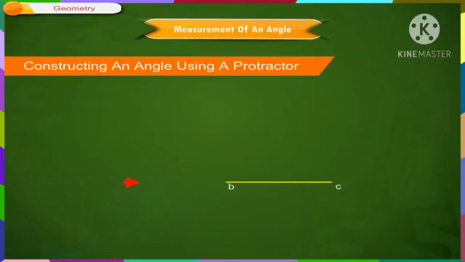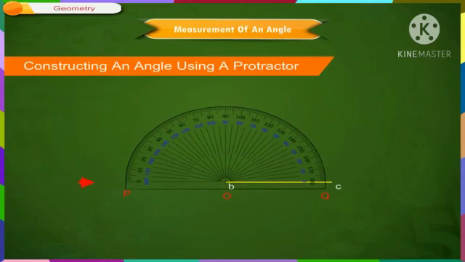Draw a line segment BC, which is one of the arms of the angle that is to be constructed. Place the protractor with its point O on the point B of the line segment BC. Align OQ along the edge BC. The protractor has two-way markings.